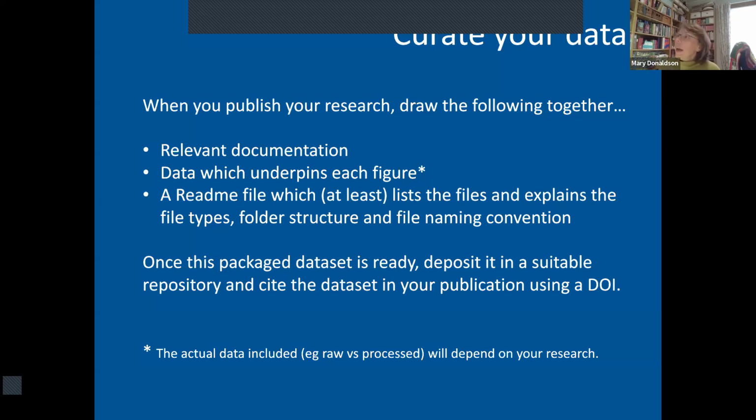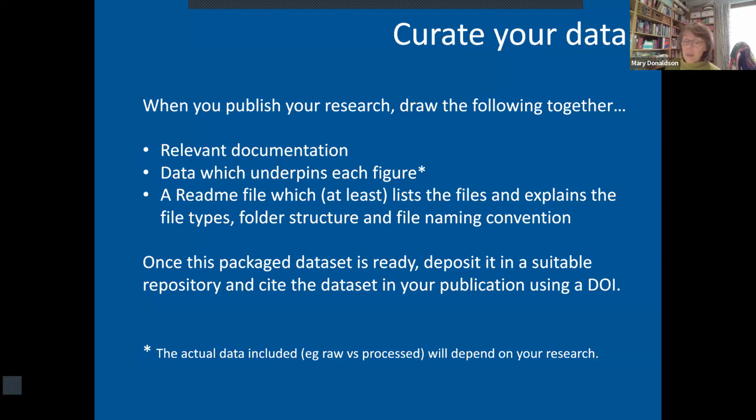Okay. So, moving on to the next step in the data management pathway is curating your data. When you've finished your research, whether you're going to publish it or not, try and draw together the relevant documentation for the project, the data that underpins the project or each figure if it's a publication, and a README file, which at the very least lists all the files that you have, explains the file types, folder structure, and file naming conventions.